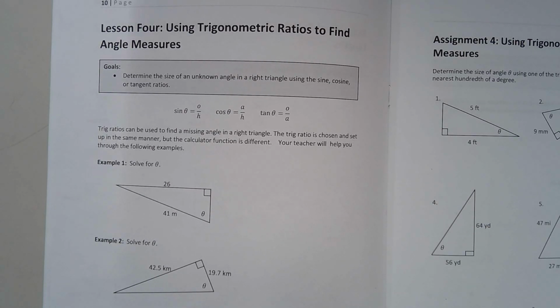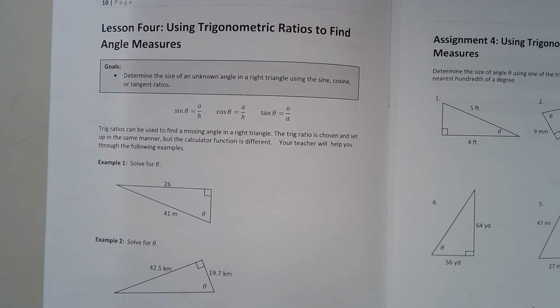Pythagoras is just side squared plus side squared equals hypotenuse squared, so it only gives you side lengths. But with sine, cos, and tan, because there's an angle in there, we can also use them to solve for missing angles, which is what we're going to do today.